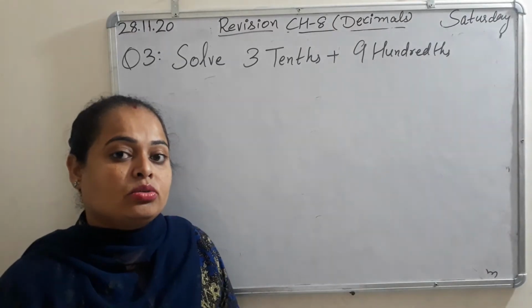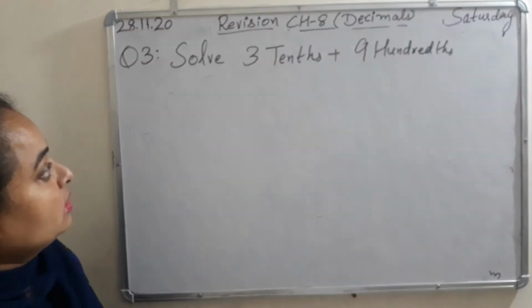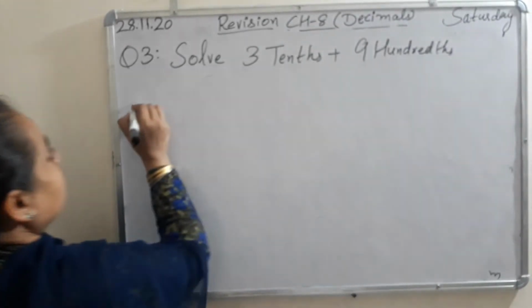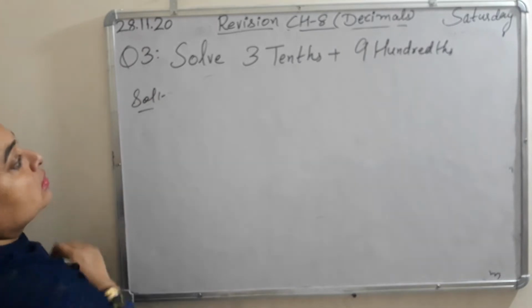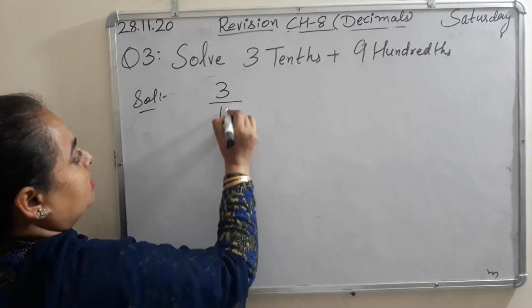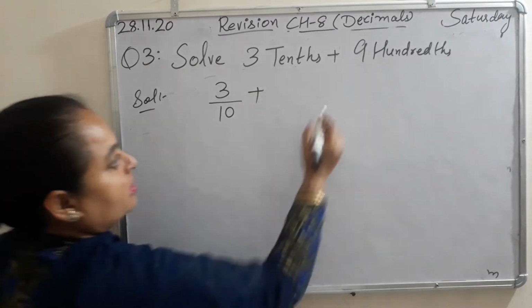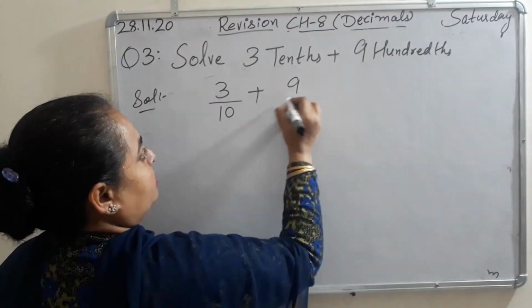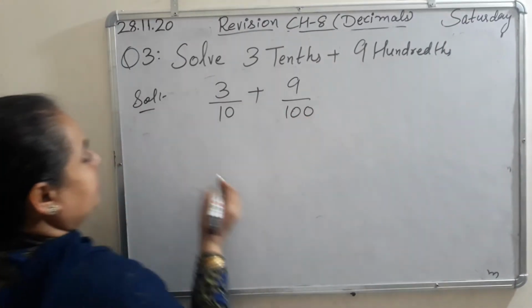Now come to the third question. Solve 3 tenths plus 9 hundredths. 3 tenths, 3 by 10, plus 9 hundredths, 9 by 100.